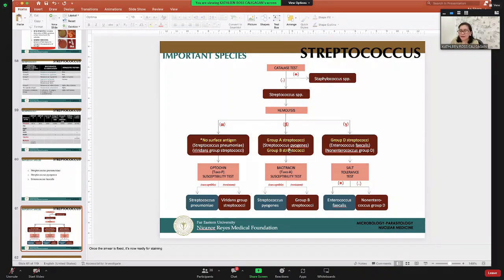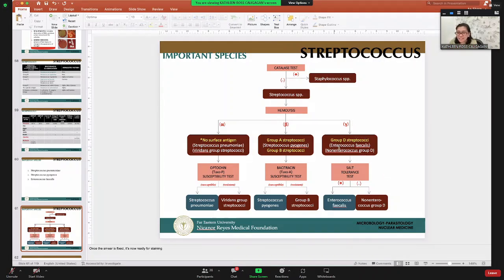Under the beta hemolytic strep, you have the group A Streptococci, also known as Streptococcus pyogenes, and you have the group B Streptococci. To differentiate pyogenes from group B, you do a bacitracin susceptibility test or TAXO-A, which is a presumptive test for Streptococcus pyogenes. Group B are resistant. Under this column, you have the group D Streptococci, which will give you gamma hemolysis.